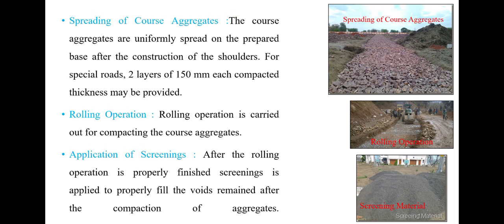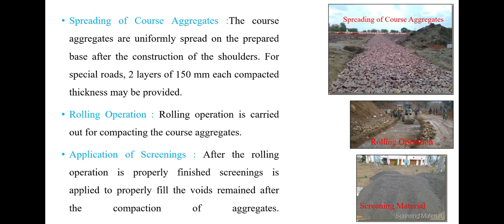Now the third step is spreading of coarse aggregate. The aggregates which are stored along the road are then spread uniformly and evenly upon the prepared base in required quantities. The number of layers and total thickness of WBM road will depend on the details of design of pavement.